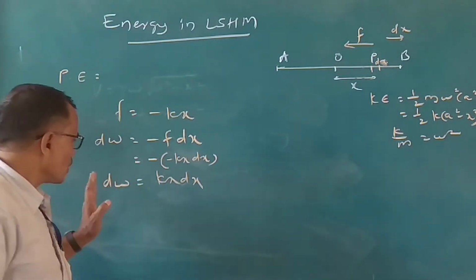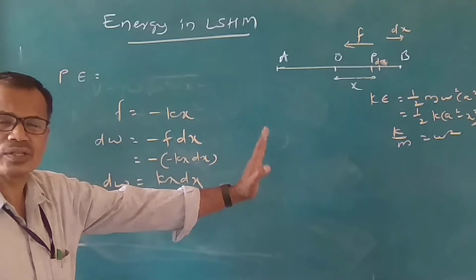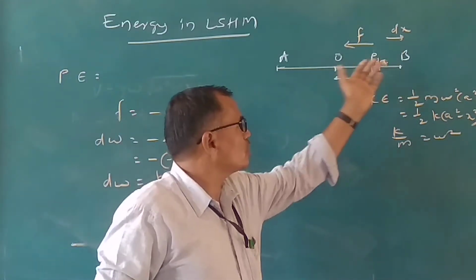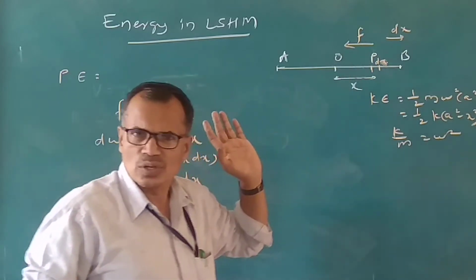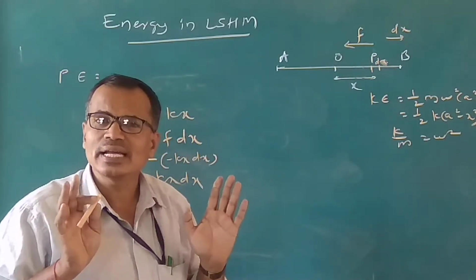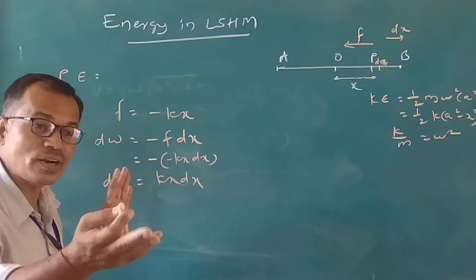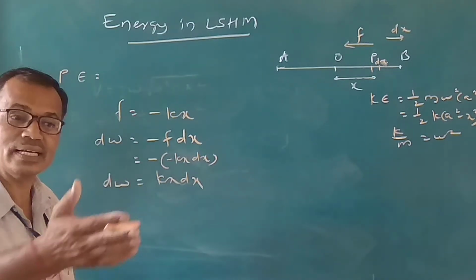Now we have to find the total work done to displace the particle from the mean position through the distance x. We find the total work done by taking the integration.